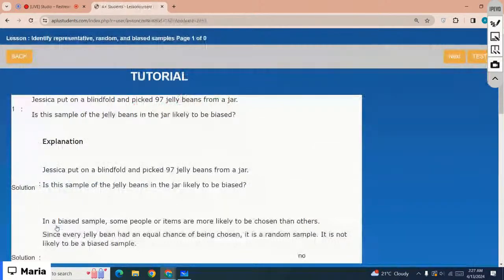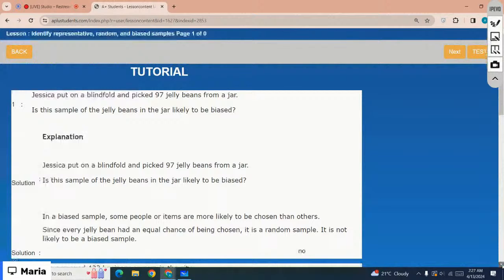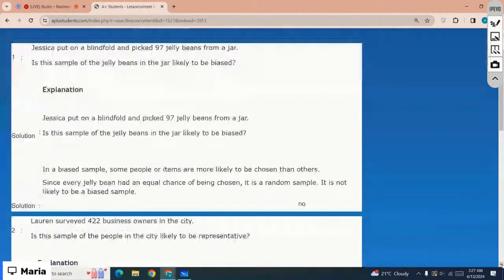Jessica put on a blindfold and picked 97 jelly beans from a jar. Is a sample of jelly beans in a jar likely to be biased? In a biased sample, some people or items are more likely to be chosen than others, right?